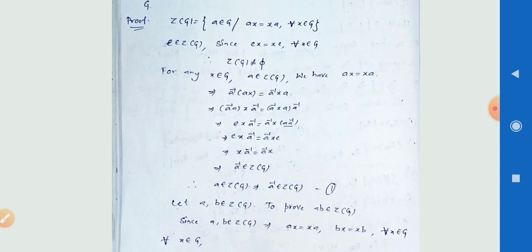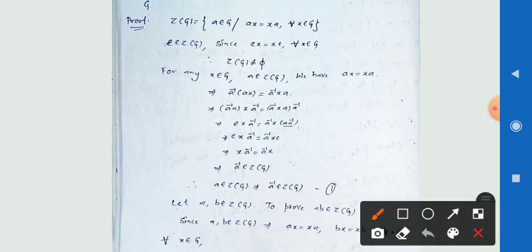Now for any X belongs to G and A belongs to Z(G), I am taking X in G and A in Z(G). Now we have the Z(G) condition, the center of a group condition, that is AX is equal to XA.